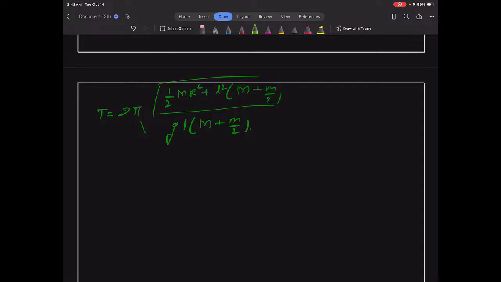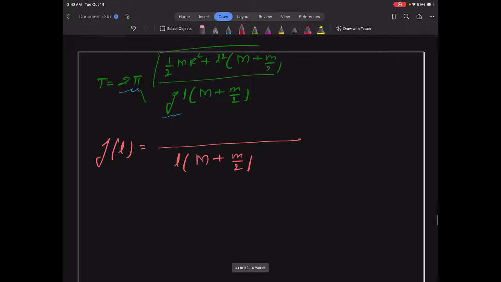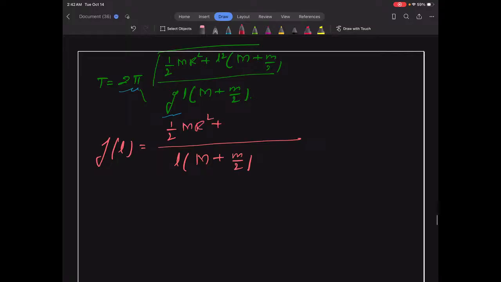Once again, 2 pi and g will be constant. So we are going to minimize a function f of L, which is inside the square root: half M R square plus L square, M plus m by 3, divided by L, M plus m by 2.